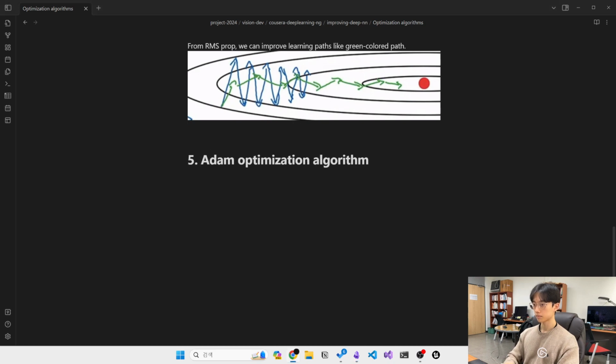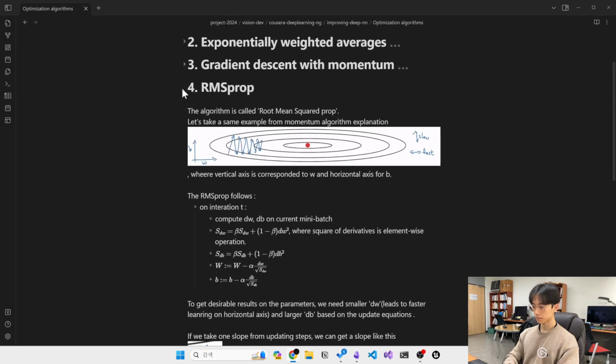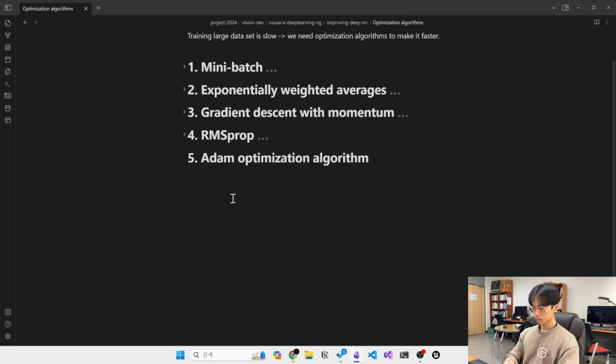To implement Adam, you would initialize VdW equals 0, SdW equals 0, and similarly VdB, SdB equals 0.